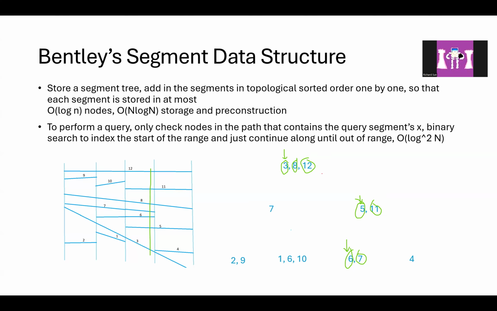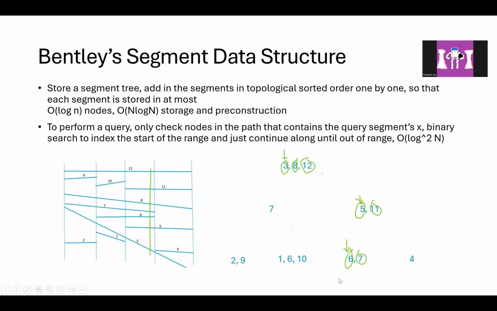And that means that all you care about are the nodes that lie on a path that contain this x region. You see the third slice is the one that contains the x, so you only care about the nodes that contain the third slice. This is a path on the segment tree, and there's only log n of them, because that's the height of a segment tree.